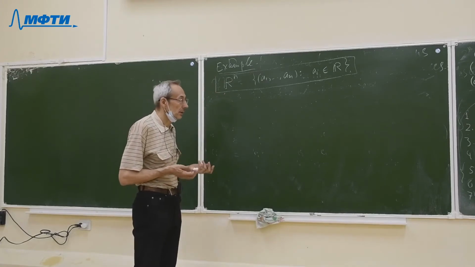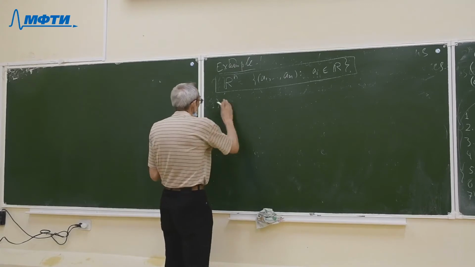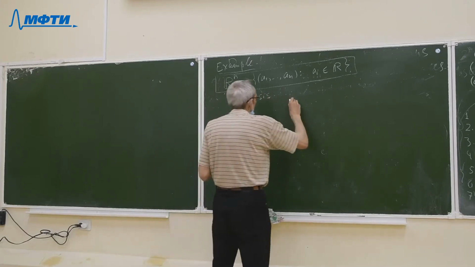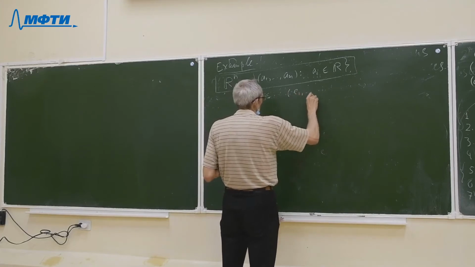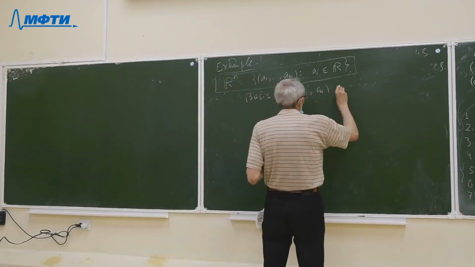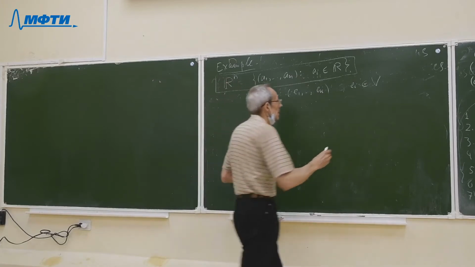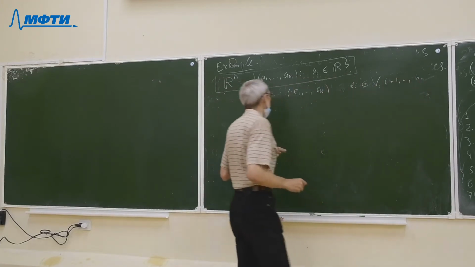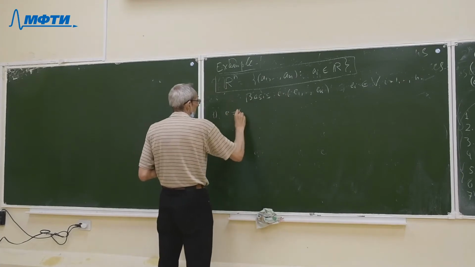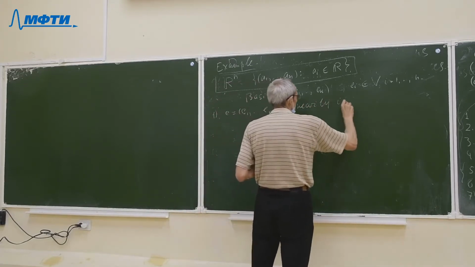Linearly independent and generating. Linearly independent means that, for an ordered set of vectors E1, En, elements of some abstract vector space, the basis means this set is linearly independent.